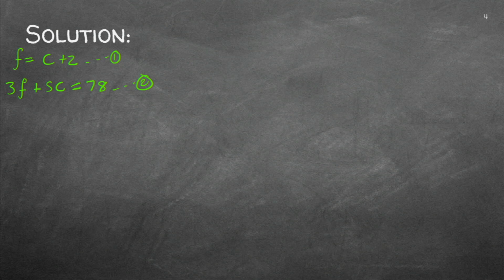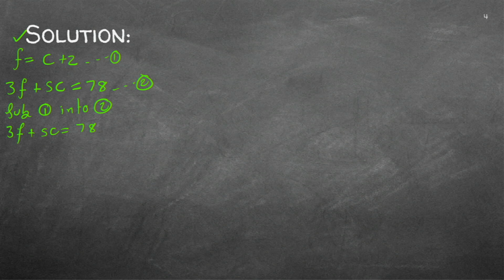So guys, now this becomes a clean substitution problem because equation number 1 already has the fruit shakes as the subject of the formula. So you can easily say substitute equation number 1 into equation number 2. So equation number 2 says 3f plus 5c equals to 78.